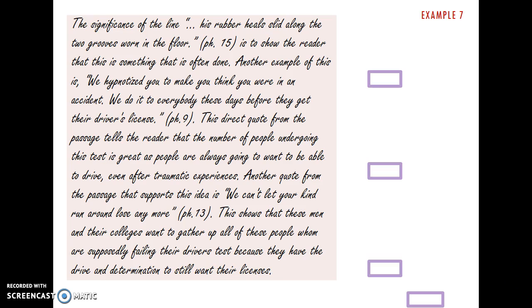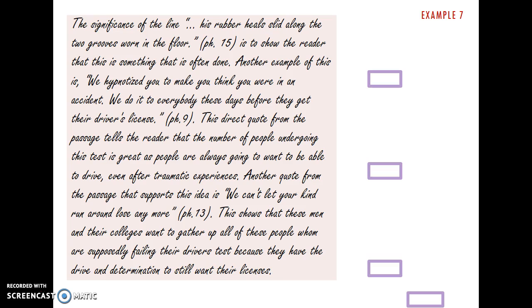The significance of the line, his rubber heel slid along the 2 grooves worn in the floor, paragraph 15, is to show the reader that this is something that is often done. Another example of this is, we hypnotized you to make you think you were in an accident. We do it to everybody these days before they get their driver's license, paragraph 9. This direct quote from the passage tells the reader that the number of people undergoing this test is great, as people are always going to want to be able to drive, even after traumatic experiences.